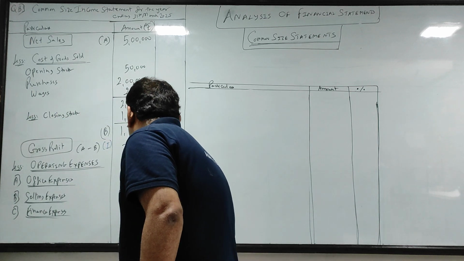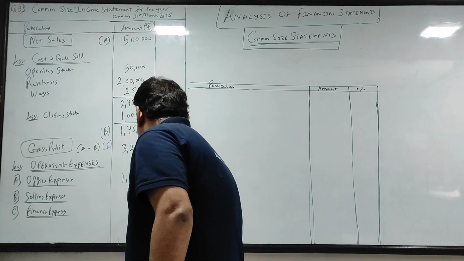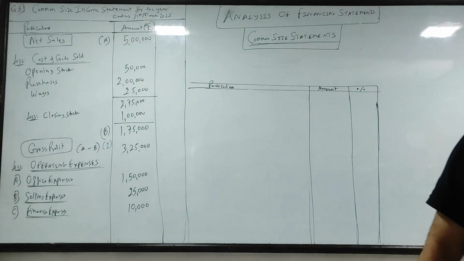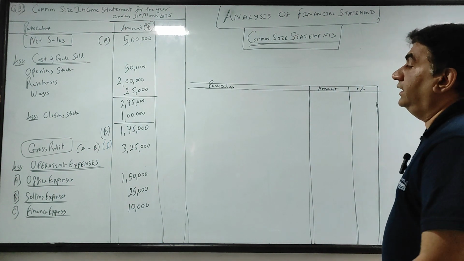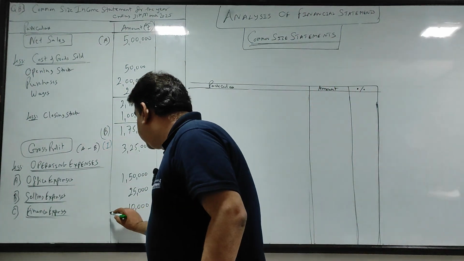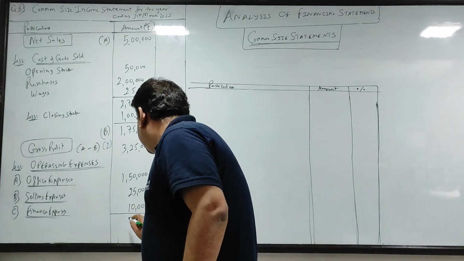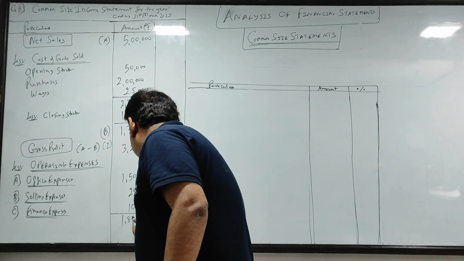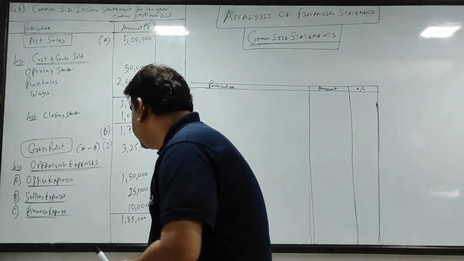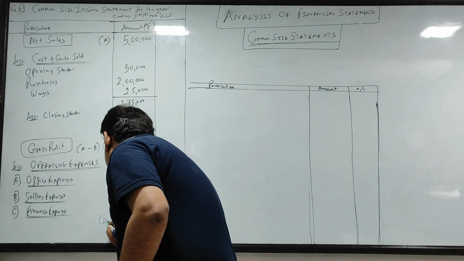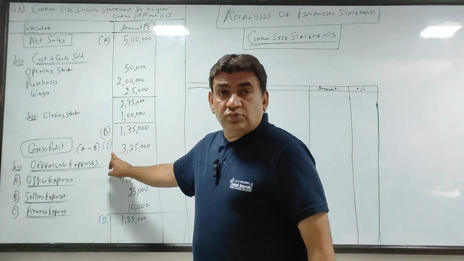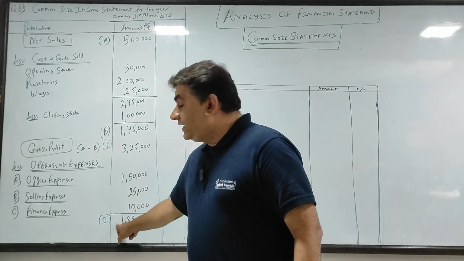Nothing else is there. Take the total of these three: 175, 185, and now this 185 I'll call it as 2. So see, gross profit is 1, operating expenses 2.